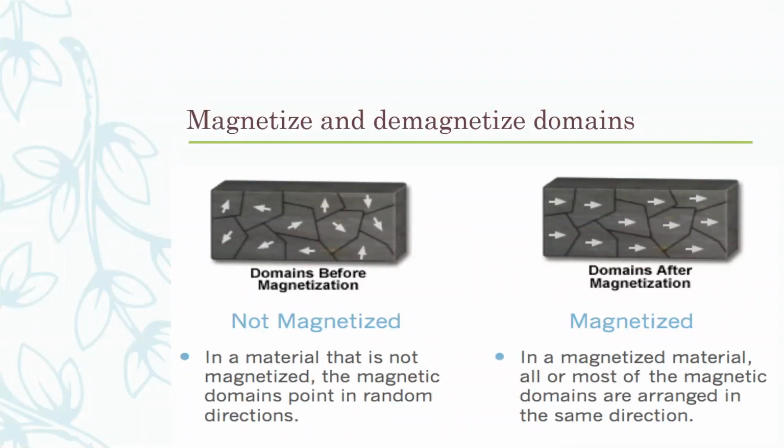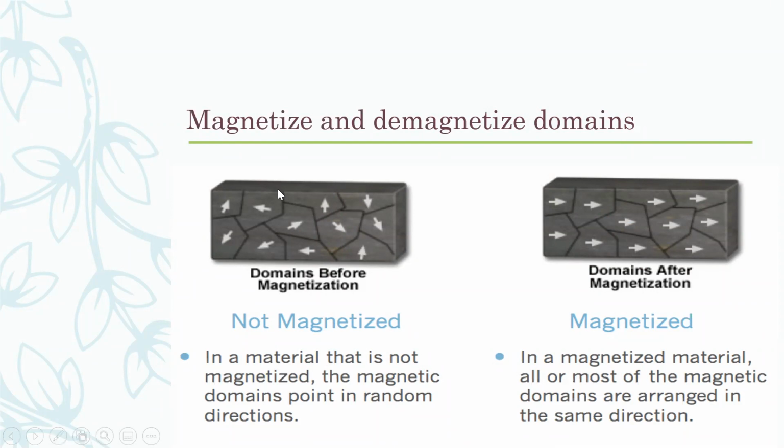Magnetized and demagnetized domains. Basically, domains are the atoms that are present in a magnetic material. Before applying the external magnetic field, those domains are aligned in random directions.